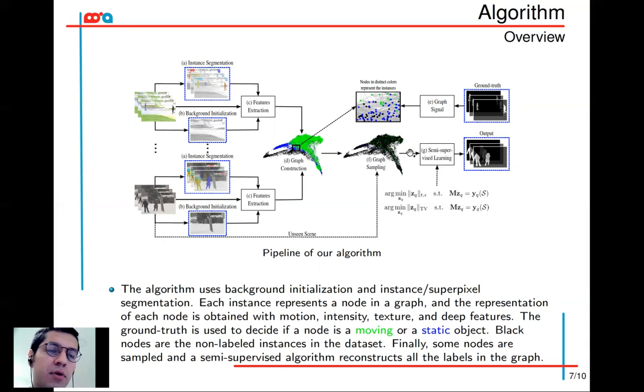And then we solve this semi-supervised learning problem with reconstruction algorithms inspired by the graph signal processing community. In this case, we solve the problem using the minimization of the Sobolev norm of graph signals, but we can also use the total variation minimization of graph signals.